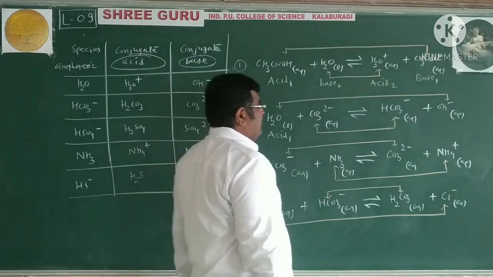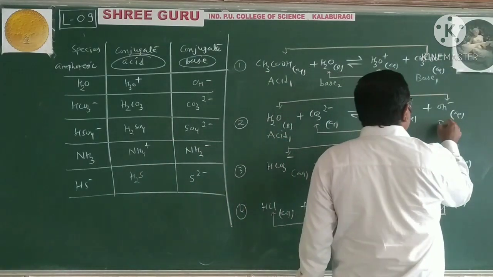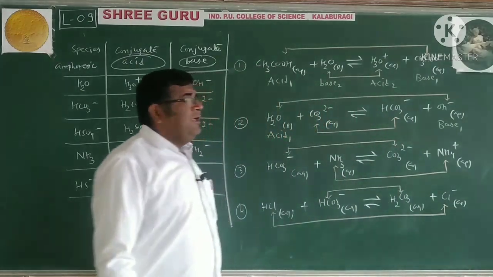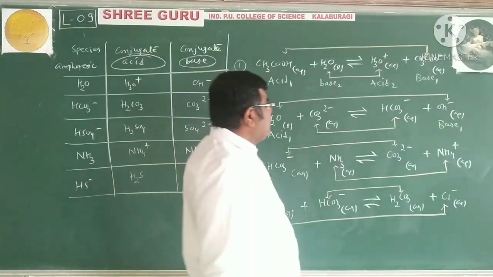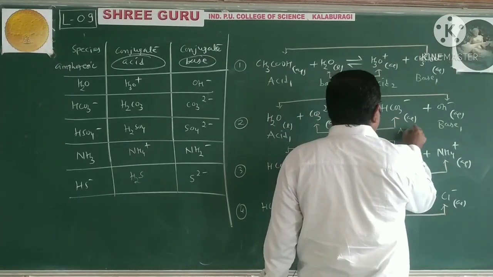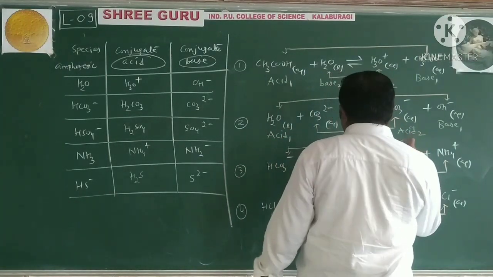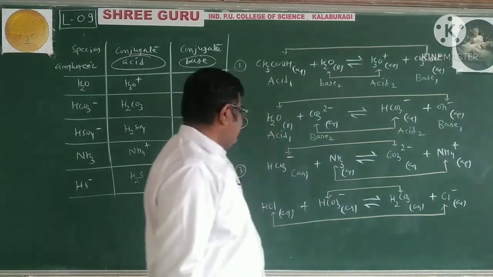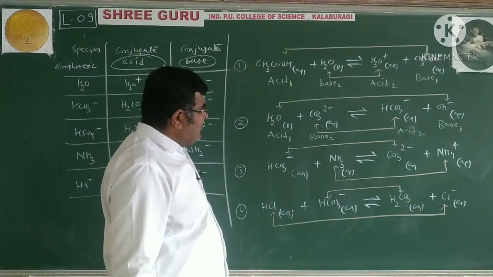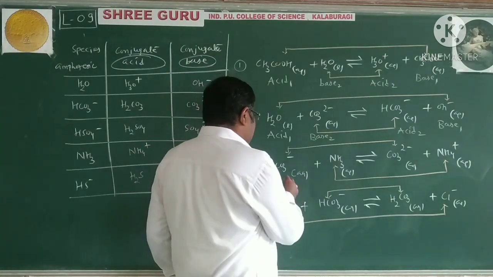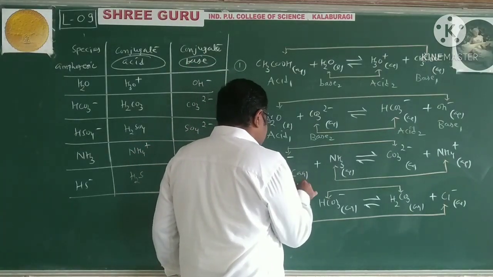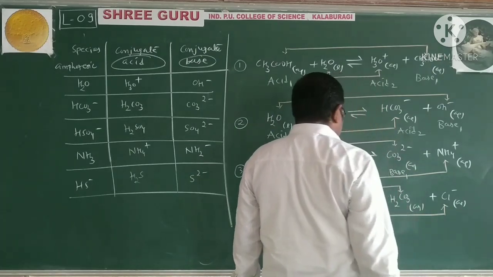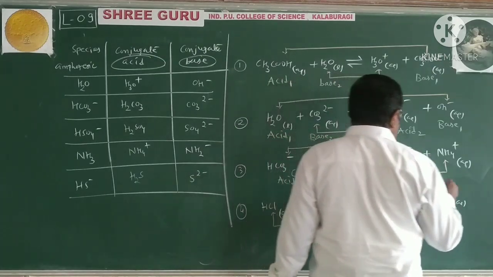H2O and OH negative ion: this is acid 1, this is base 1. HCO3 negative ion and CO3 2 negative ion: this is acid 2 and base 2. Then NH4 plus and NH3: acid 1, base 1.